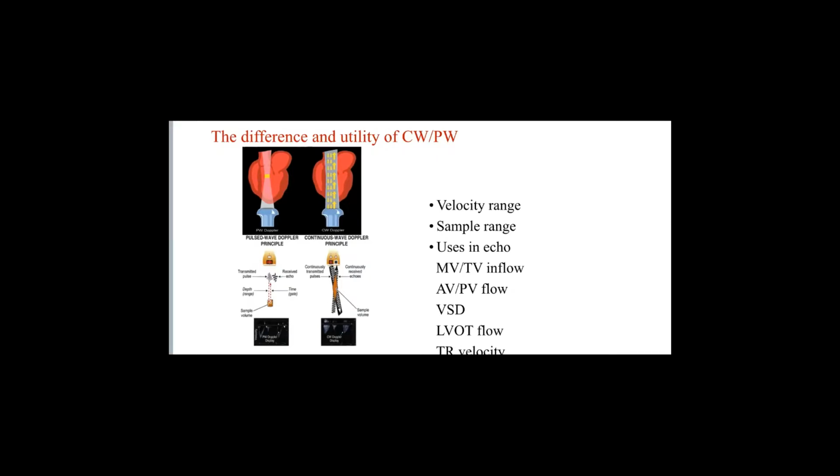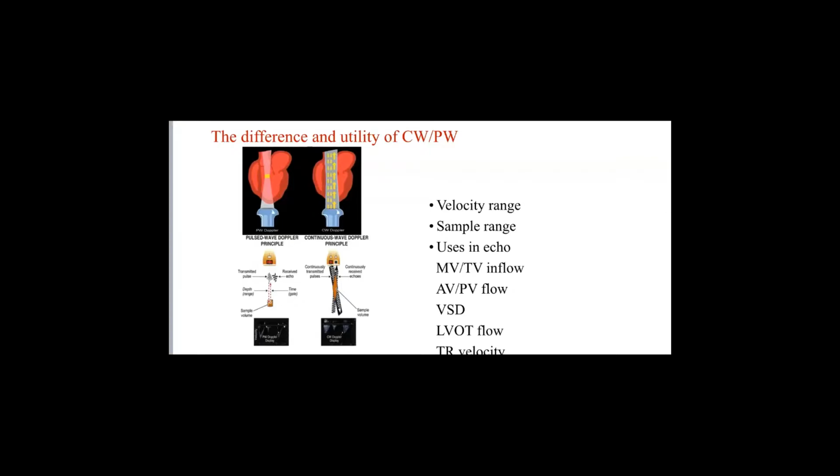Okay? Right. So you get this one because this is important. Just commonsensically, if you have two crystals that keep sending and receiving, chasing velocities, they will capture high velocities, but they will be confused about the location of these velocities. And this is exactly the problem of CW.